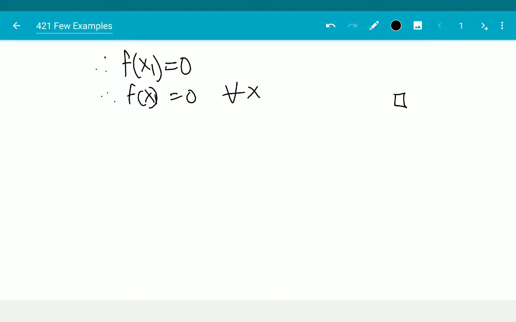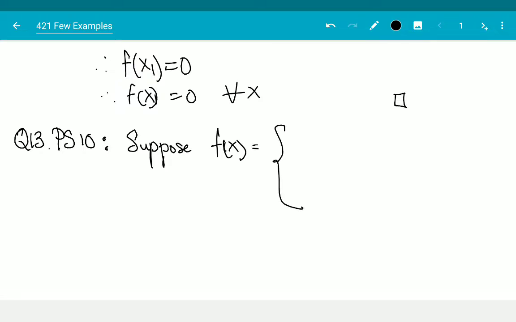Okay. The next question I will do is again question 13, from problem set 10 this time. Suppose f of x is equal to x squared if x is rational, and this is 0 if x is irrational, which is R minus Q, right?